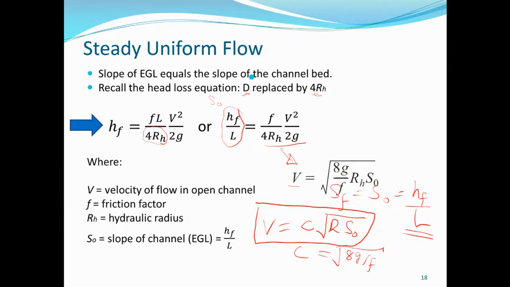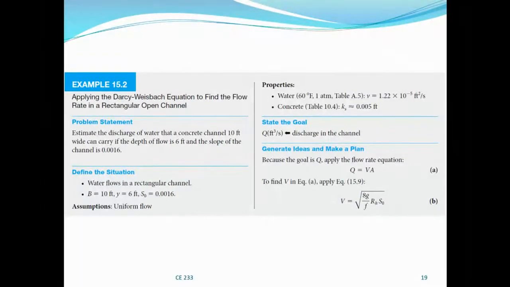Simple. So we can find the velocity in an open channel by knowing the bed slope and the hydraulic radius. The hydraulic radius is just dependent on the dimensions of the channel, the area and the wetted perimeter. Simple. Let's take a simple example here to apply the Chezy equation.